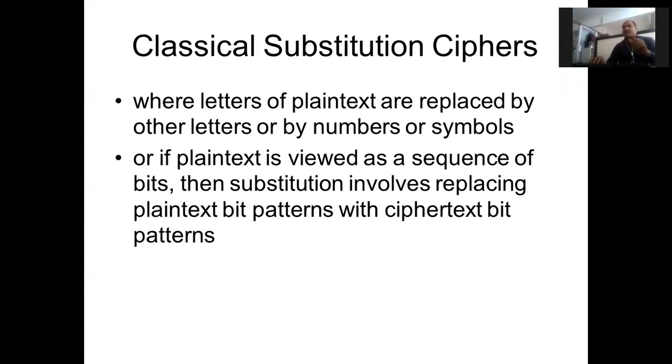The classical substitution ciphers are algorithms where we substitute the plain text character with a cipher text character. Such algorithms are called classical substitution ciphers.